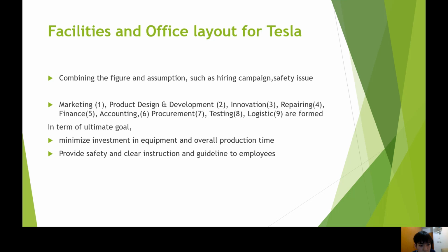Also, there are some urgent departments such as product design and development. In terms of the ultimate goal of facility layout, it aims to minimize the investment in equipment and overall production time. Also, it can provide safety and clear guidelines to employees, such as in a fire.